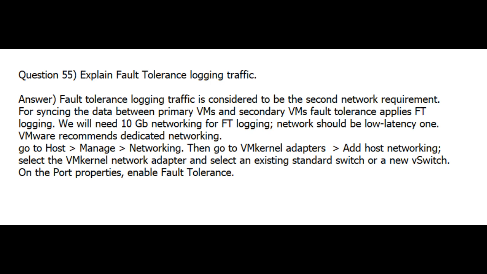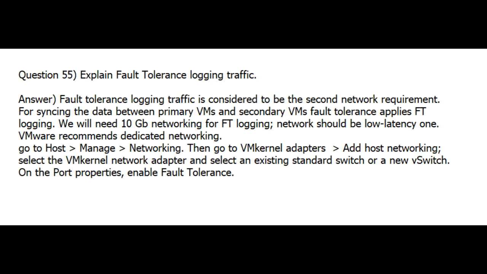Question 55. Explain fault tolerance logging traffic. Answer. Fault tolerance logging traffic is considered to be the second network requirement. For syncing the data between primary VMs and secondary VMs, fault tolerance applies FT logging. We will need 10 gigabit networking for FT logging. Network should be low latency.